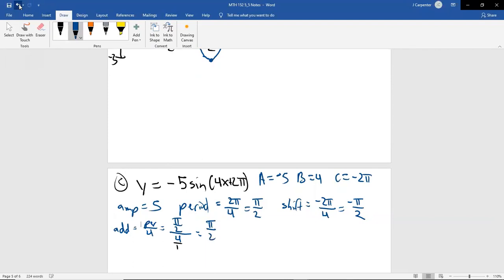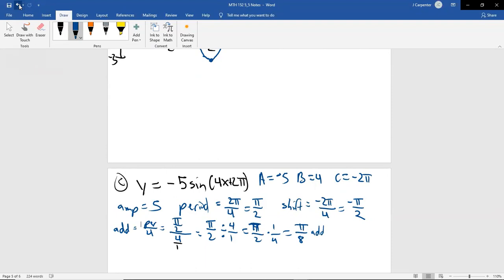Pi over 2, division symbol 4 over 1, because then you can write this as pi over 2 times 1 over 4. The 2 and the 4 do not reduce, they stack, and you get pi over 8. That's what we're going to be adding 4 times to get points 2 through 5.